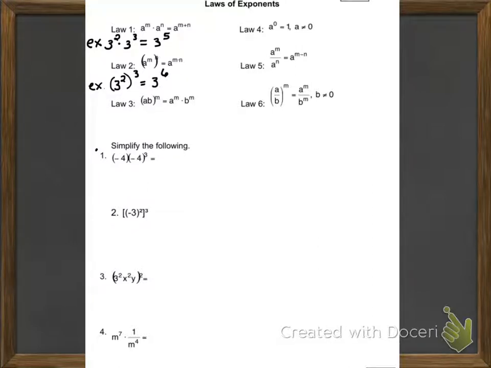Now let me just write that out so you see why that is. It's 3 squared cubed, so 3 squared is 3 times 3, and I multiply that by itself 3 times because it's cubed.